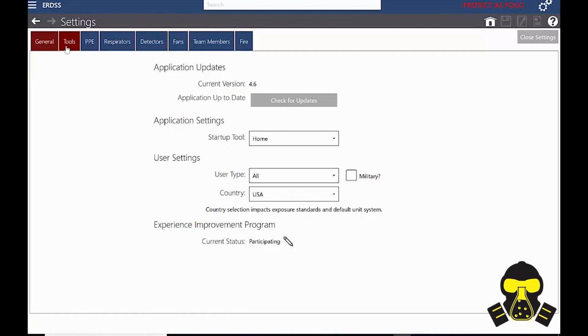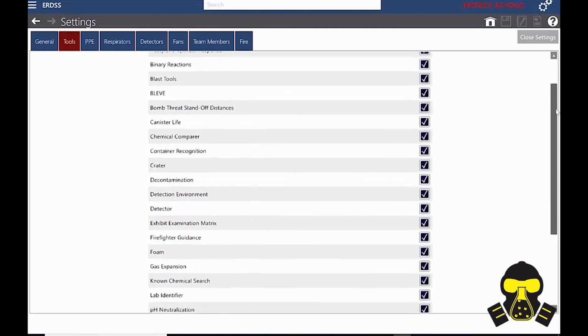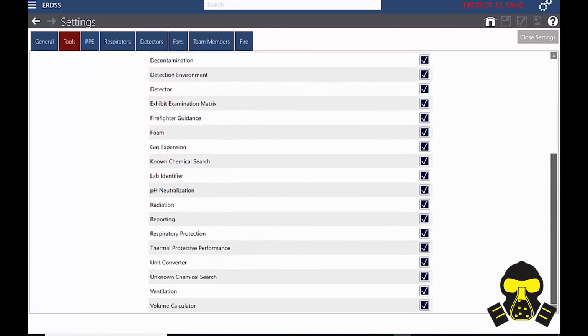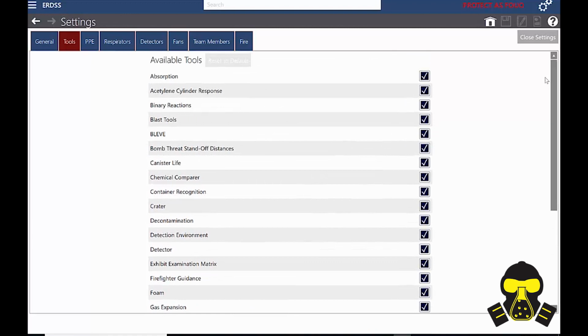Cool. And then there's a lot of different things that you can set up. First off, and we'll get into all the different ones, there's a whole bunch of tools available, and each one of these is a separate decision support tool. This list gets longer and longer every version. But as you go through, let's say for some reason you don't ever do bomb scene response.